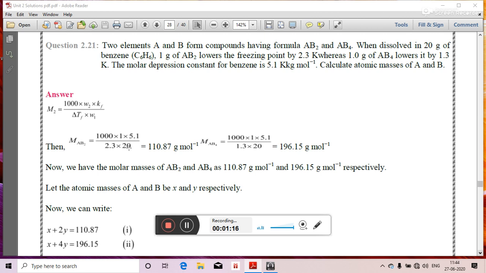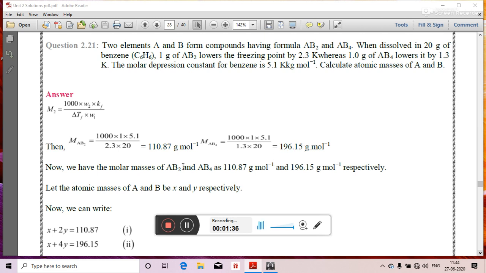So that is equal to 110.87 gram per mole. And molar mass of AB4 is equal to 1000 into 1 into 5.1 upon 1.3 into 20, and that is equal to 196.15 gram per mole.